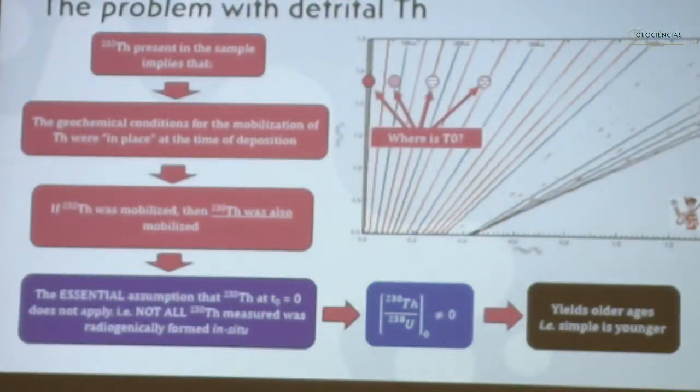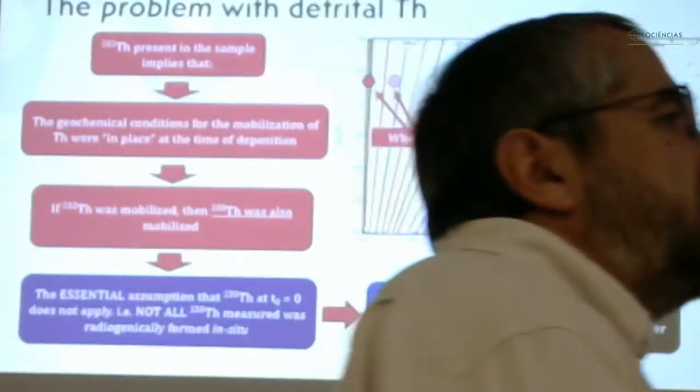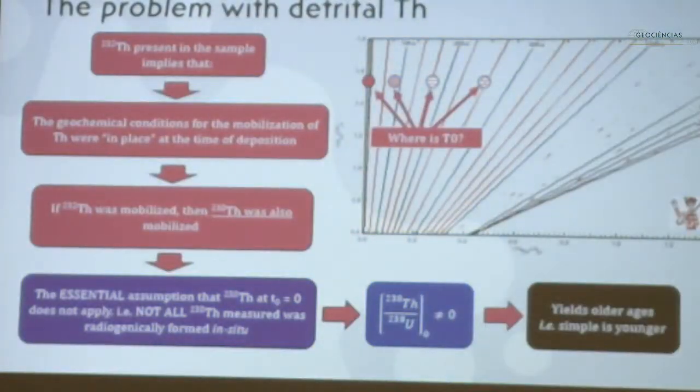So if thorium-232 is being introduced into your sample, there has to be some thorium-230 getting into your sample as well. The geochemical conditions were set for at least some mobilization of thorium. So you have to bear that in consideration.